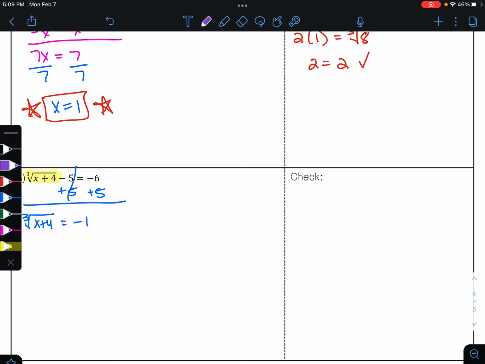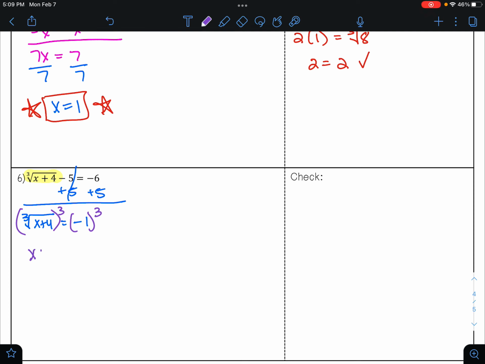Now that my cube root is isolated, I can undo the cube root by cubing both sides. The cube undoes the cube root, and that leaves me with x plus 4. Negative 1 cubed is negative 1. To undo addition, I will do subtraction and get x is equal to negative 5.